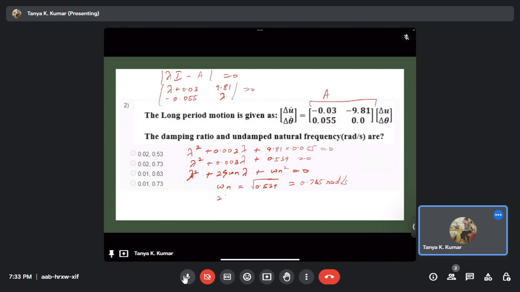Now 2 eta omega n is 0.003. So eta is 0.003 by 2 into 0.735. How much is this value? Just calculate it and tell me.